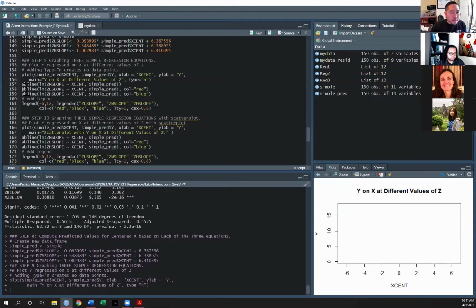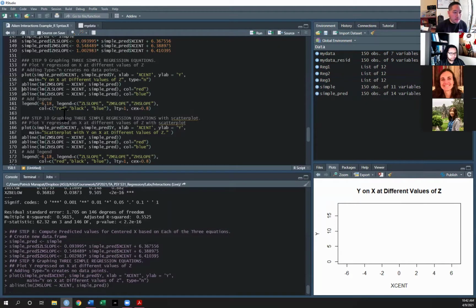I'm going to do the same thing for Z low, and I want that line to be red. I'll do the same for Z high, and I want that line to be blue. I'm going to add a legend with ZL slope, ZM slope, and ZH slope, and the colors are red, black, and blue. So I'll plot these one by one.